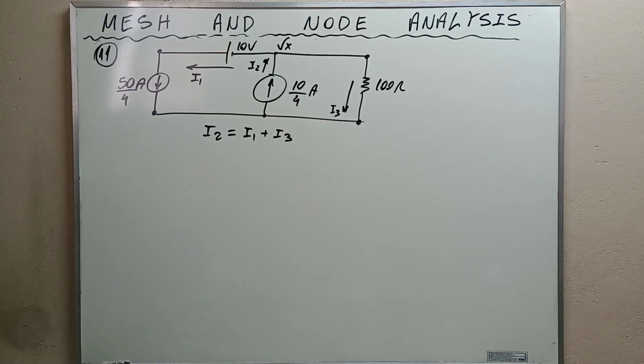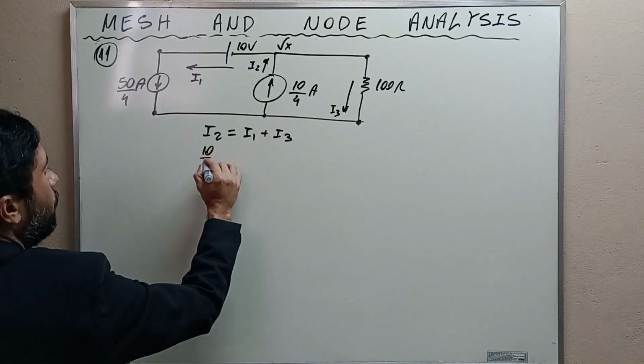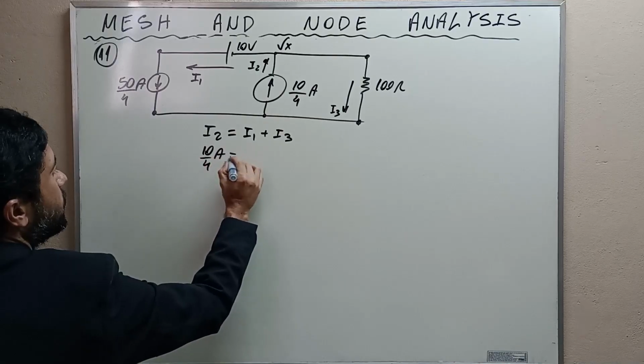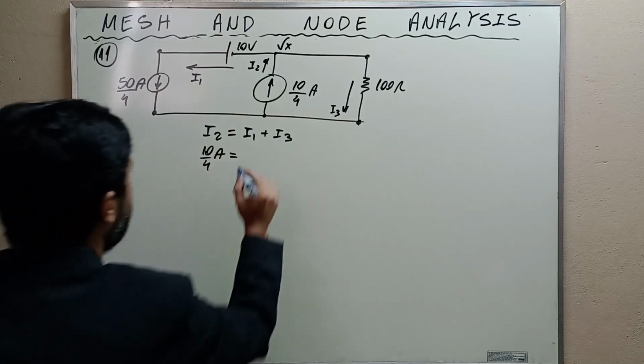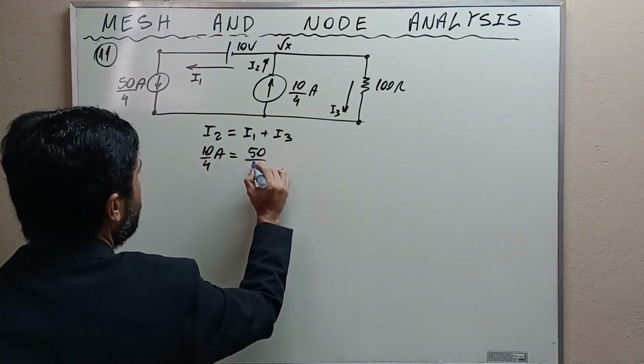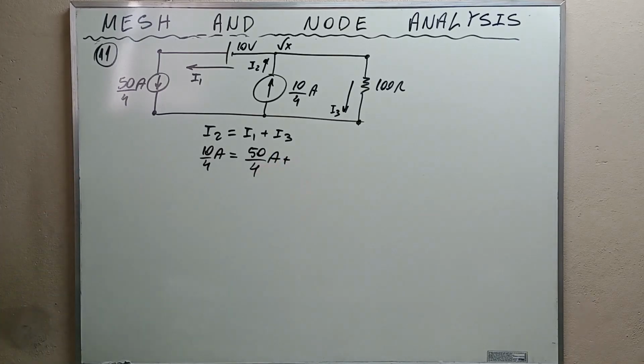Simple. And what is the value of I2? I2 is this current here, 10 over 4 amps. And how about I1? I1 is 50 over 4 amps. And how about I3?